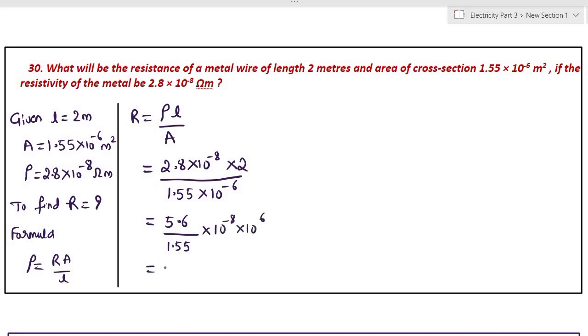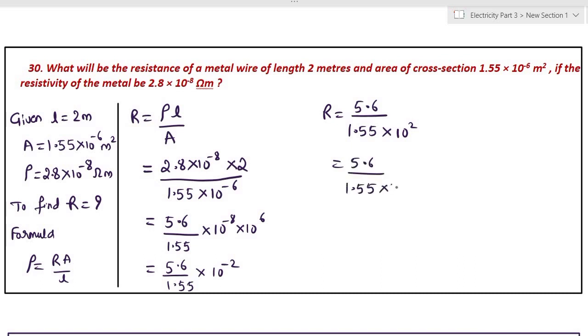What happens here? 5.6 upon 1.55 into 10 to the power minus 2. See, when this 10 to the power minus 2 comes to the denominator, 5.6 whole divided by 1.55 into 10 to the power 2, that is 100. So it is 5.6 upon 155.